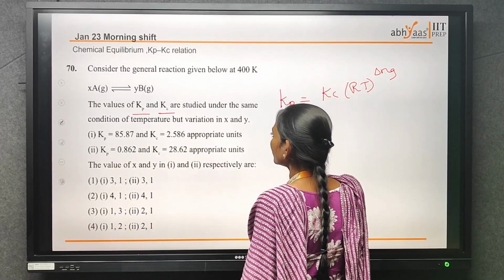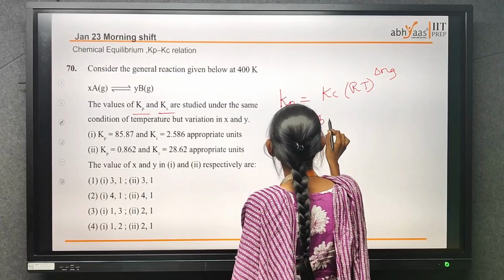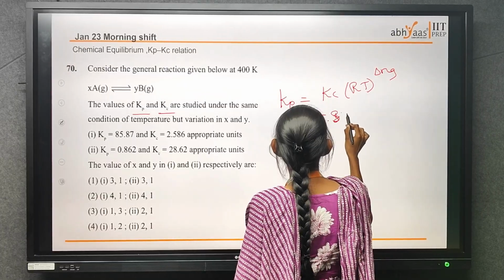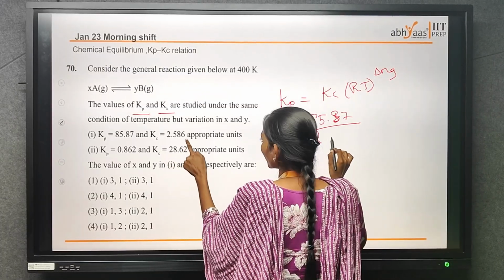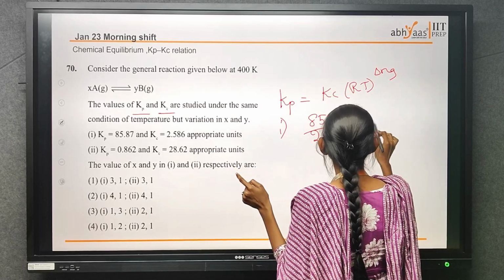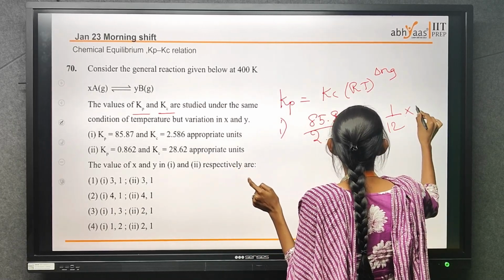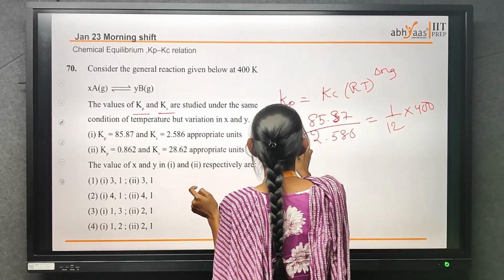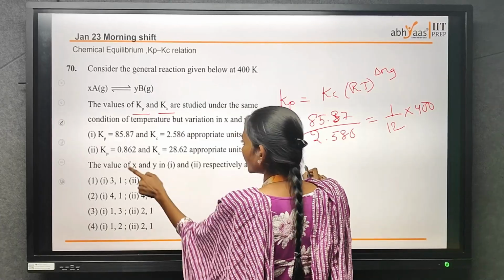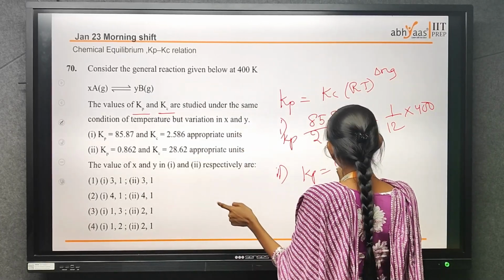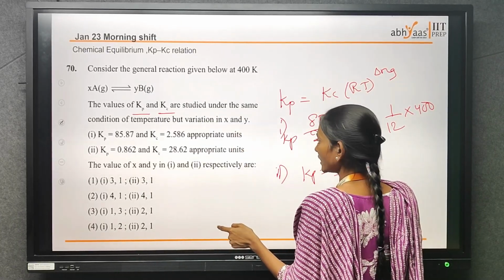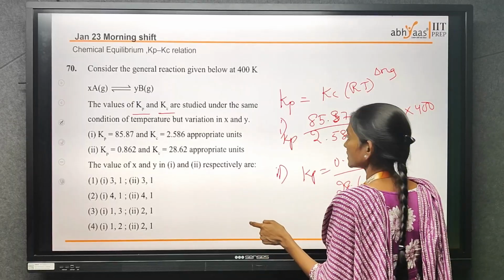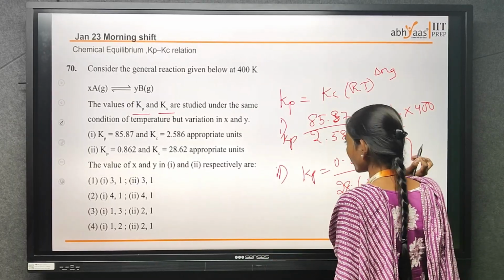I am writing for 1, which they have given, 8.587 by 2.586. Upon doing, you will get some value, right? This is your Kp. And second case, if you do for Kp, 0.862 by 28.62, upon doing, you will get some value.